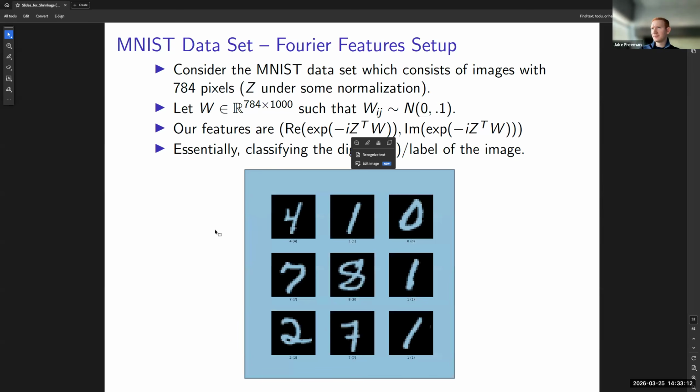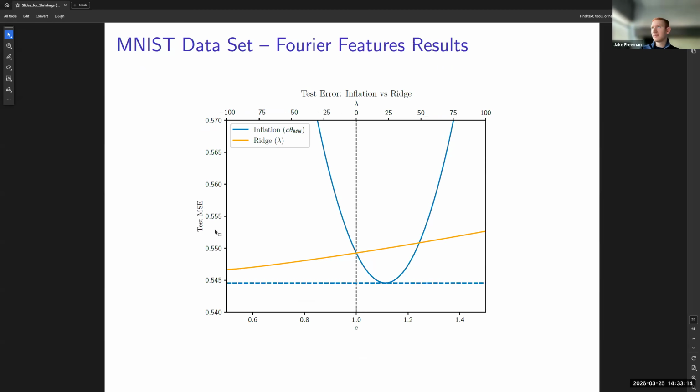Here we see the comparison between ridge regression, the inflation, and the optimal one. This is about as high as you can go before it blows up for the ridge. I think they stopped at negative 80. But both of them, the inflation and the ridge, beat the standard minimum norm interpolator.